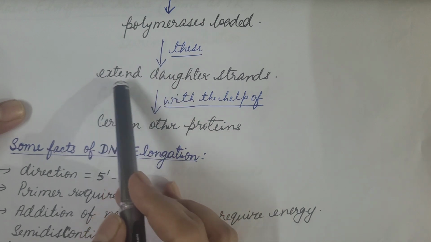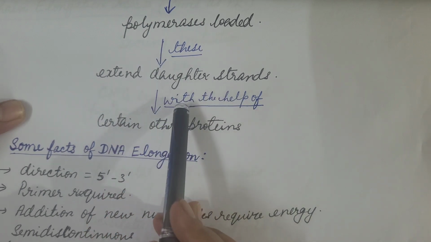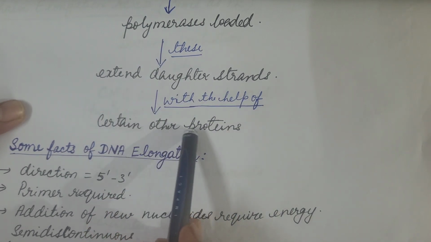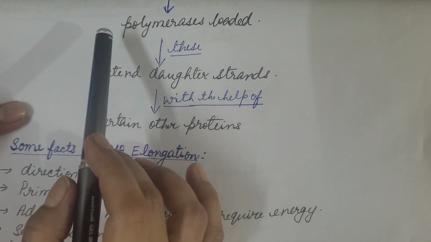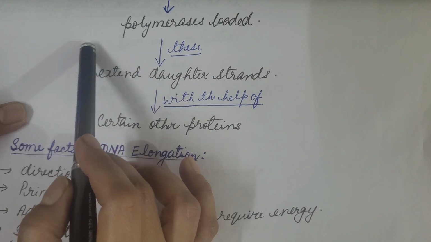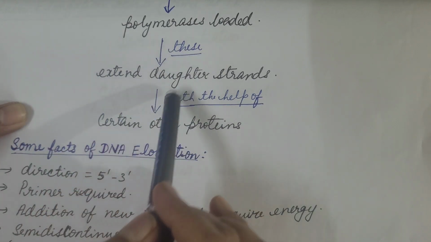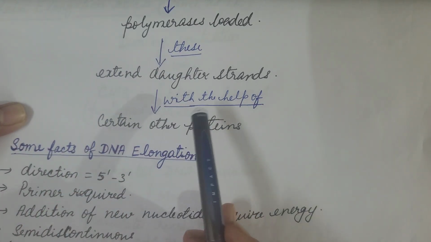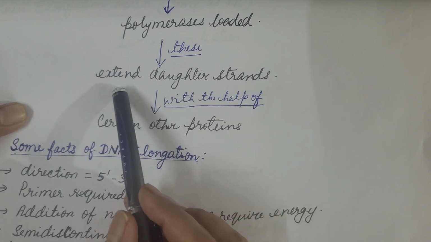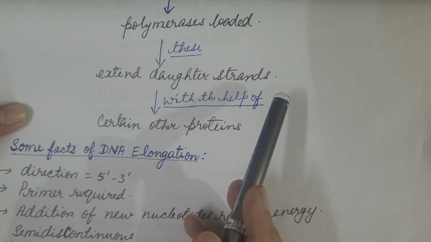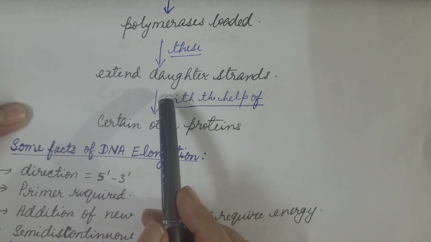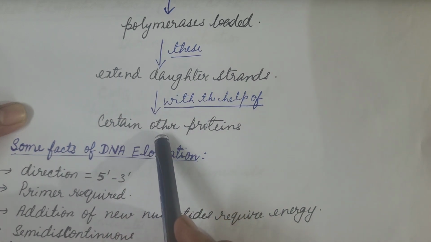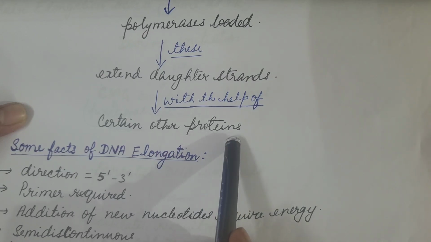These then extend daughter strands with the help of certain other proteins. In this video, in the elongation step, we will discuss in detail how the polymerases are loaded, how the extension of the daughter strands takes place, and what other proteins are involved in this step.